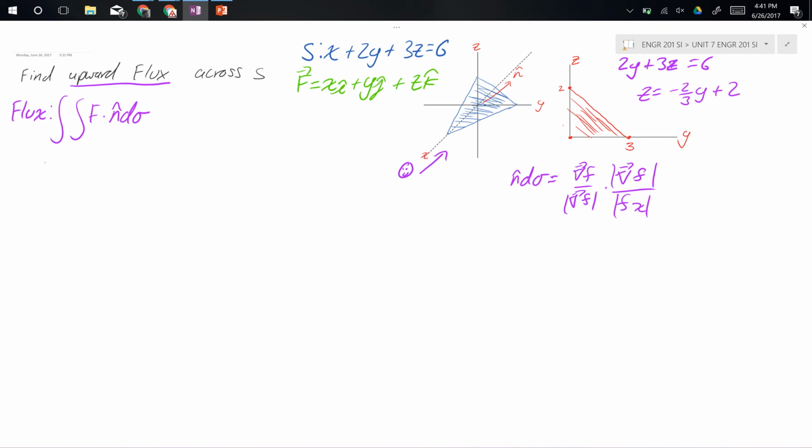Since we're projecting in the zy plane, we have to use x here. So whatever variable you aren't seeing in the plane in which you are projecting your surface, that is the variable you put in your denominator for your d sigma. And then whatever variables you are using in your projection, that'll be your area, your dA. So it'll be dA of zy.